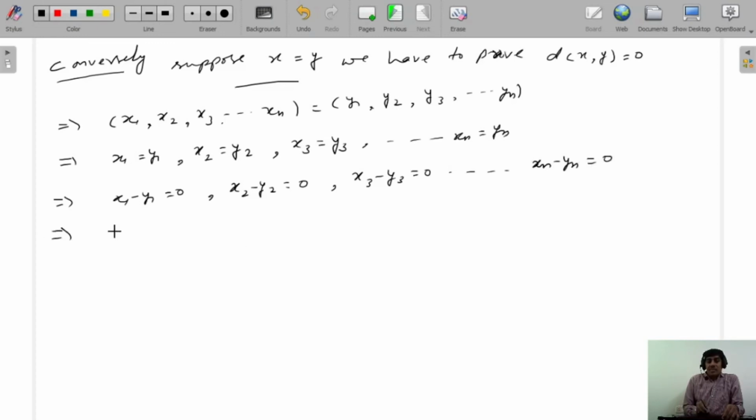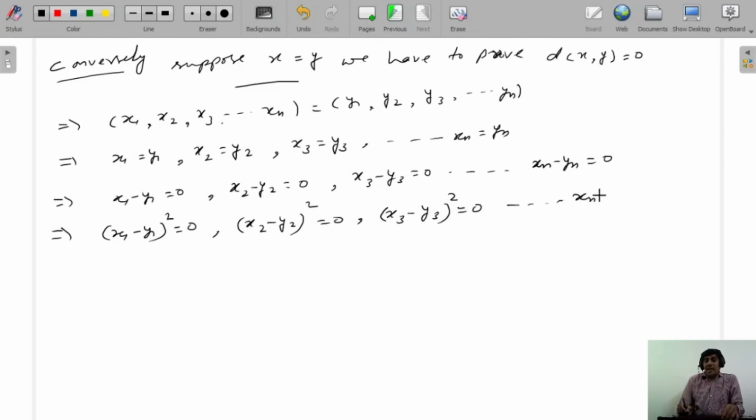This implies (x1 − y1)² = 0, (x2 − y2)² = 0, (x3 − y3)² = 0, and so on. All these quantities are square quantities, and each square is 0, therefore their sum is also equal to 0.